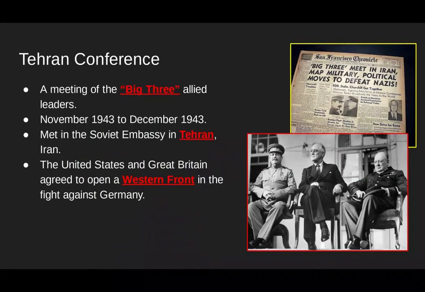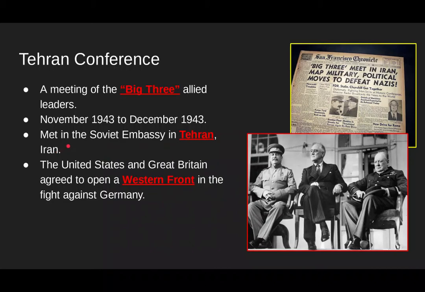Now, after this major victory by the Soviets, the Allied leaders, the Big Three, as they're often called, Stalin, Roosevelt, Churchill, get together in the first of three conferences. This is the Tehran Conference. It's going to be hosted in the Soviet embassy in Tehran, which is in the present-day country of Iran.